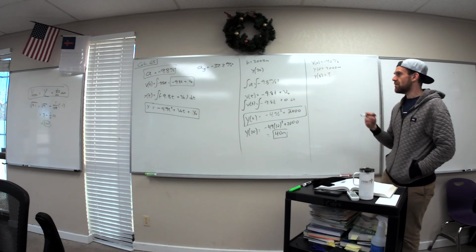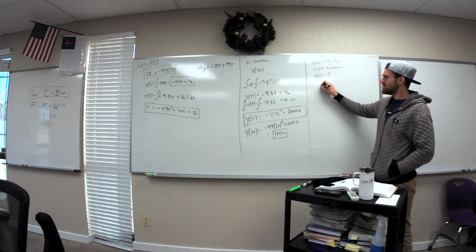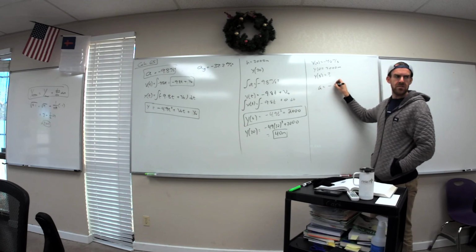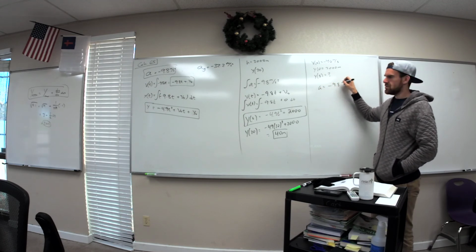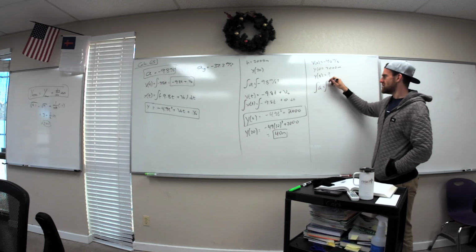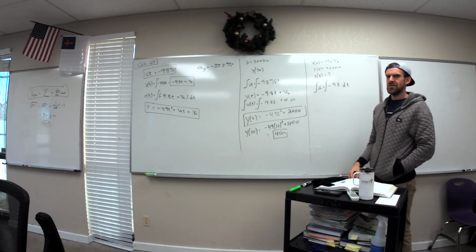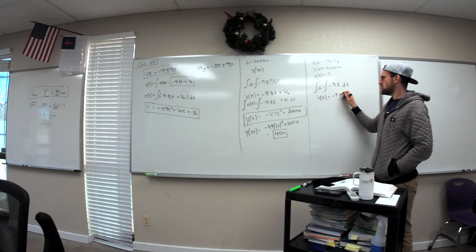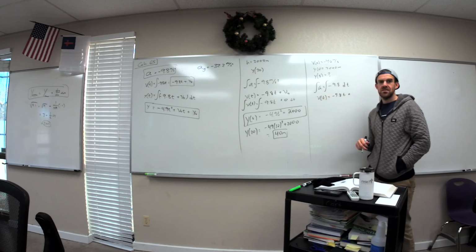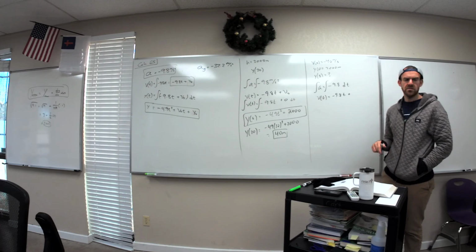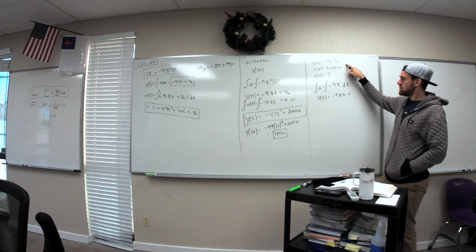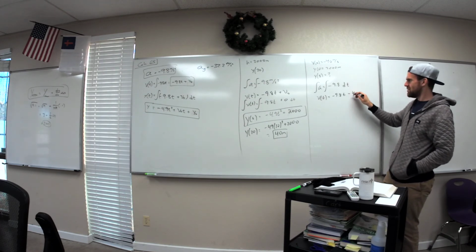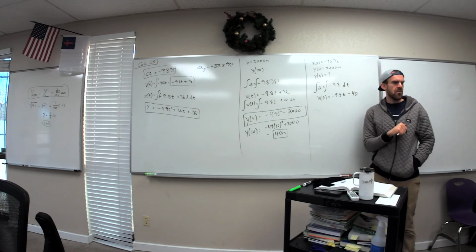That's what we're solving for. First step, acceleration equals negative 9.8. Okay, integrate both sides. Integral of acceleration is velocity. What's v naught? Negative 40. It is plus c, which will be negative 40, the initial velocity.